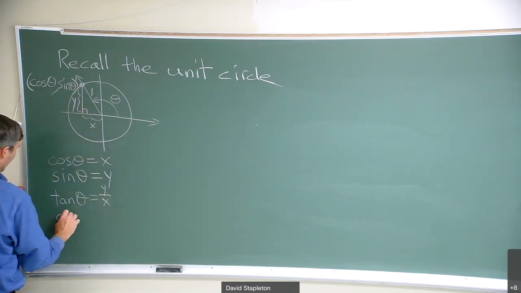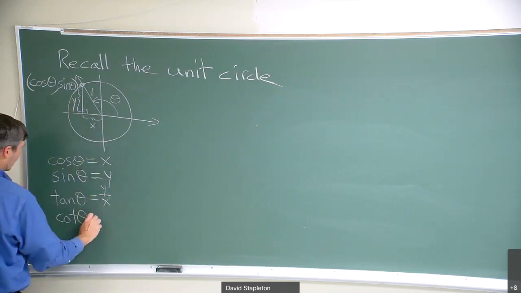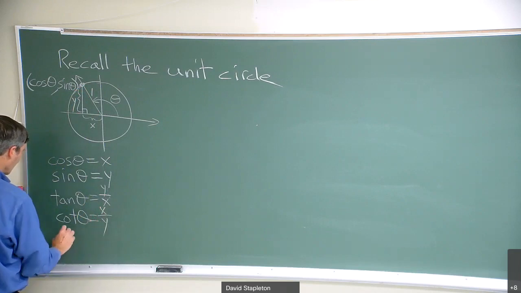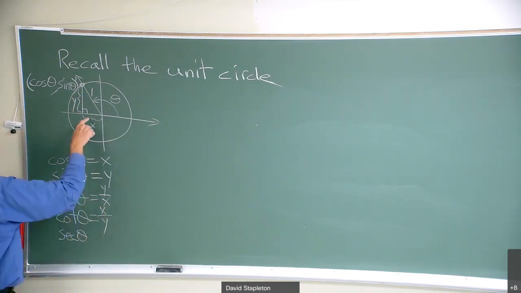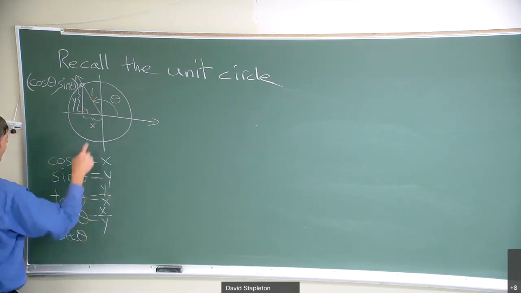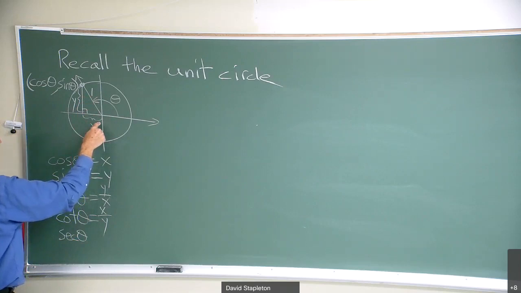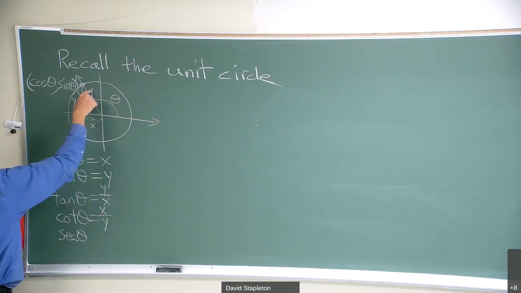We can define the cotangent of theta to be the ratio of these sides, x over y. The secant of theta to be the ratio of the hypotenuse to this side. Taking into account these can also be negative, so it's not just ratio of triangle lengths, it's the ratio of the coordinates in one.